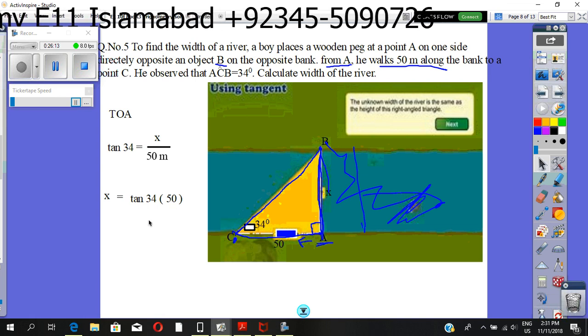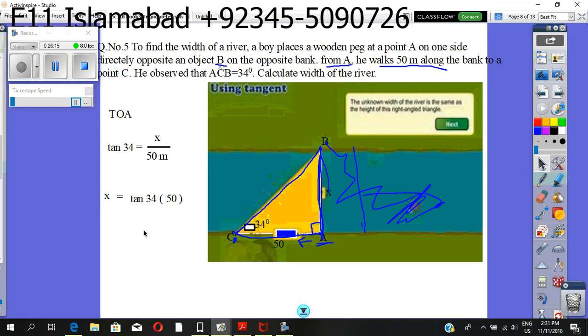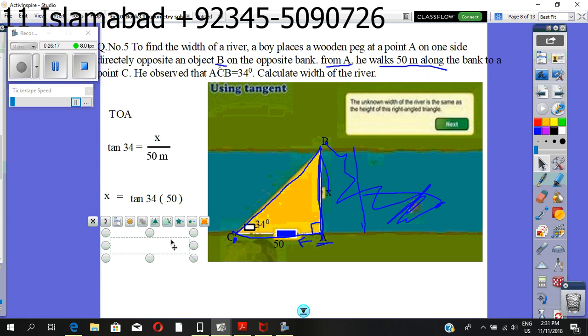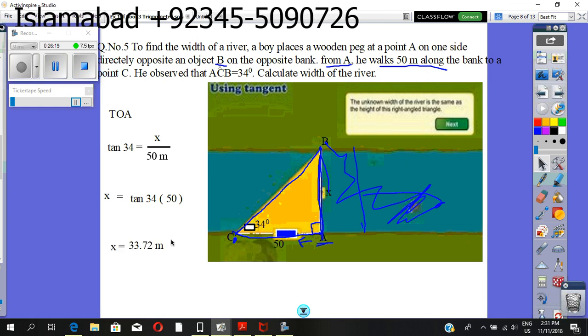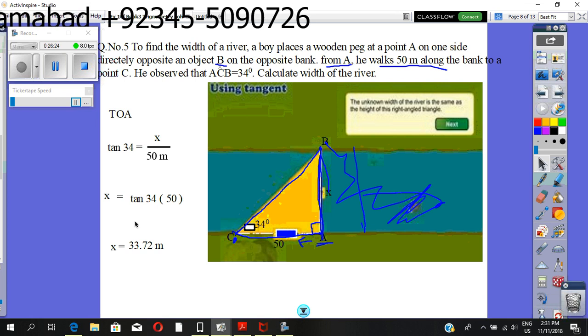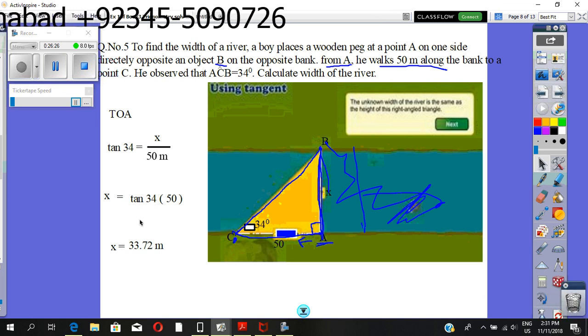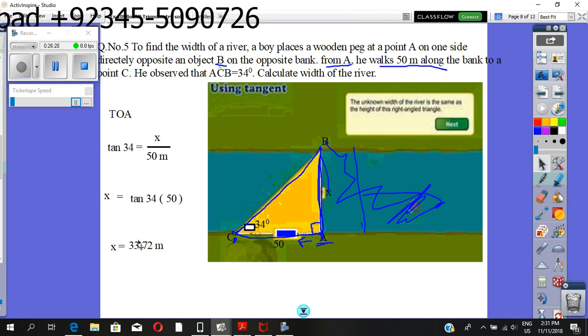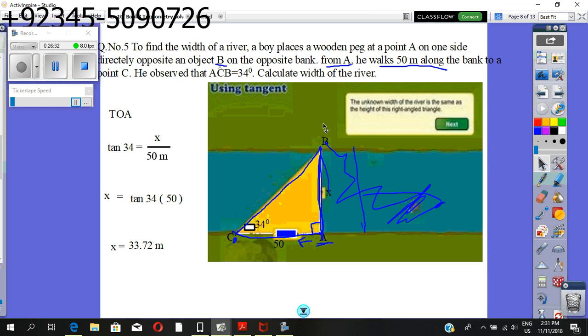With the help of the calculator, tan 34 times 50 gives us the final answer, that is 33.72 meters. This is the width of the river.